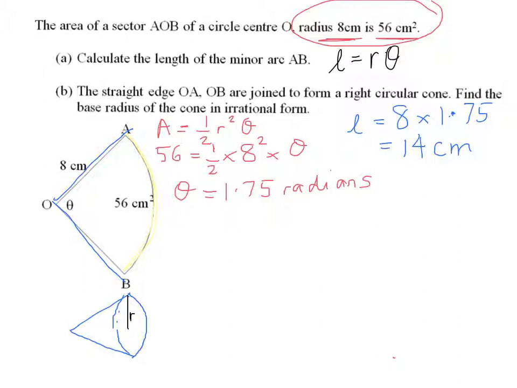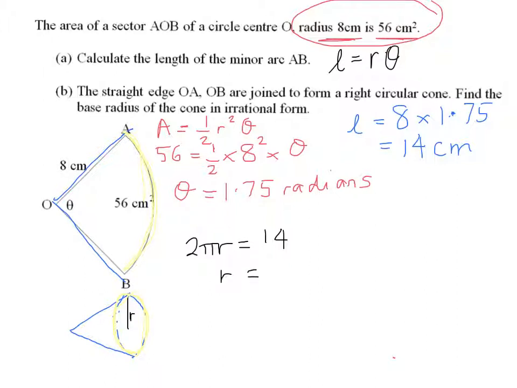So remember this arc length here, if we're curling around OA and OB, that arc length there will then become the circumference of the base of this cone. Now the circumference of a circle is 2 pi r, and that's going to equal this arc length, which we already found, which was 14 centimetres.